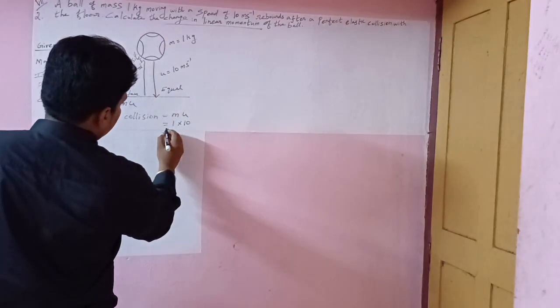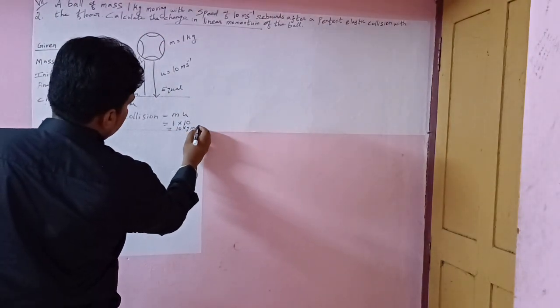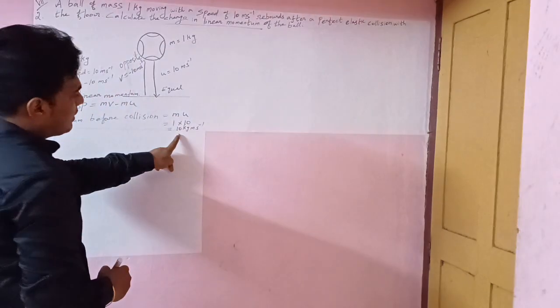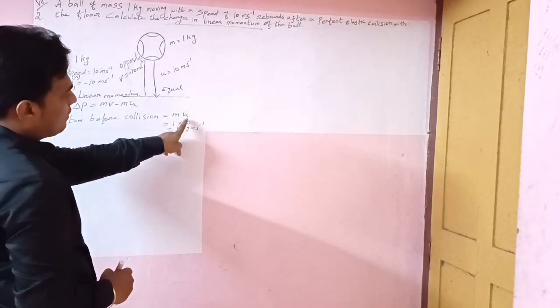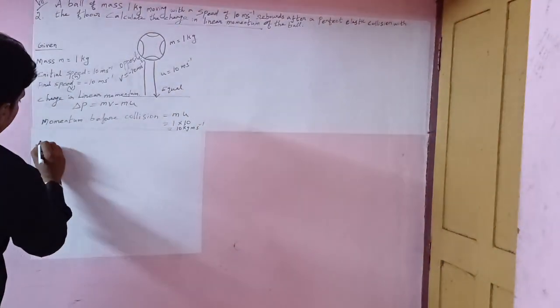So you multiply the values. The value is 10 kg m s^-1. Because what is the SI unit of mass? Kilogram. What is the SI unit of velocity? m s^-1.